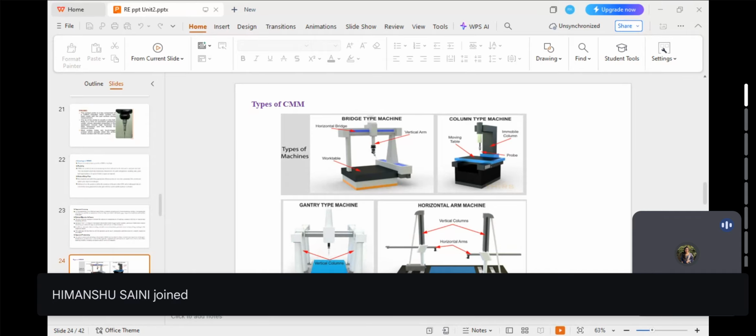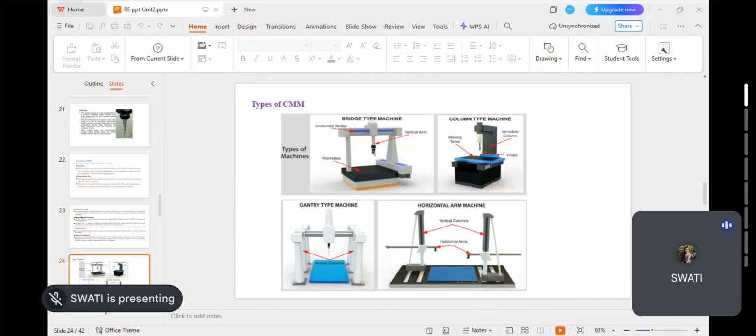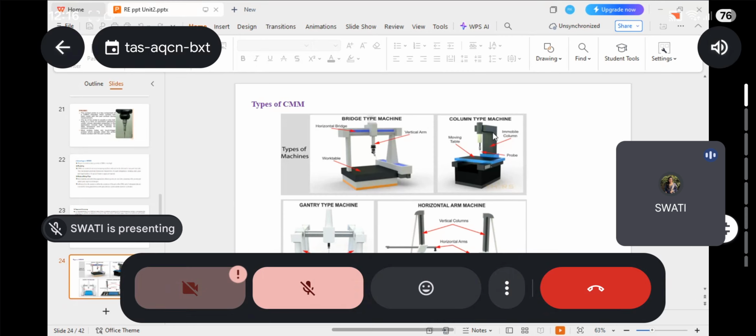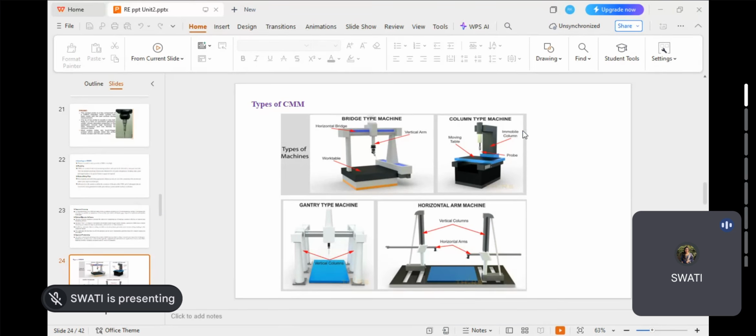The next one is the horizontal arm, or horizontal type coordinate measuring machine. If you are talking about horizontal arm, there is one arm-like structure. This particular arm can be moved upward, downward, forward and backward, and it also works like a spindle. So you can easily measure all the cloud points throughout the component.